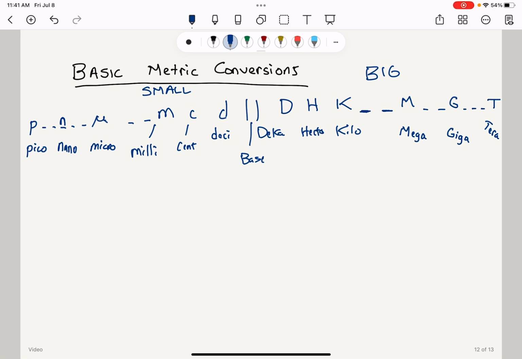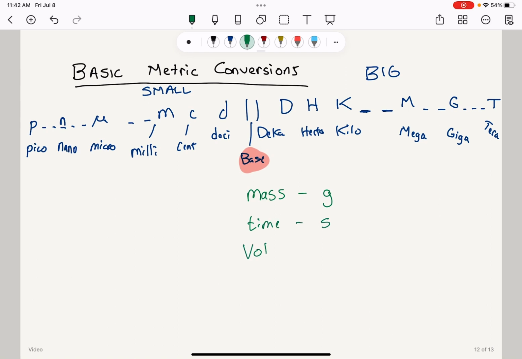Now, the question that I often get from my students is, what is that base unit? Well, the base unit can be a lot of different things. It's dependent upon whatever you're measuring. So for instance, mass is measured in grams in the metric system. If you're measuring time, that would be seconds.